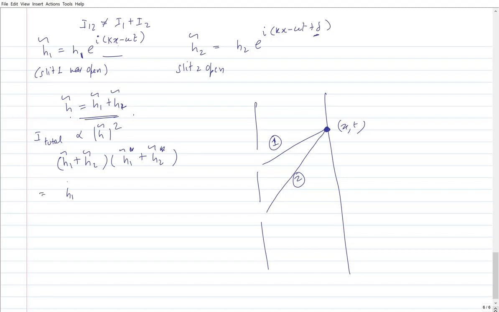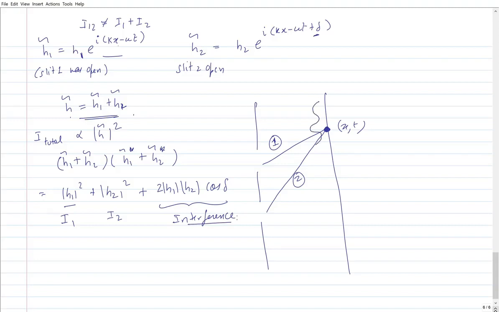So I get this as the answer. Notice, not only did I have I1 and I2, I had an interference term. And this was giving rise to the fringe pattern I was seeing.